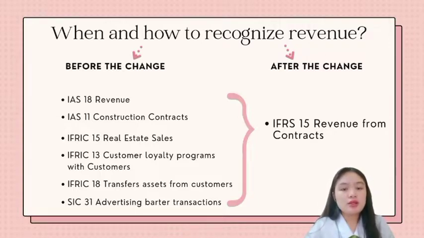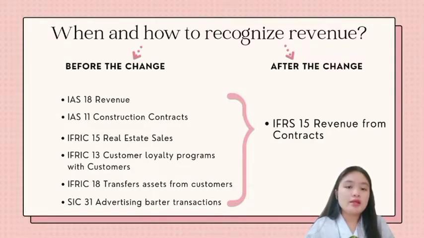These interpretations were all guiding us when and how to recognize revenue in various circumstances, and it was quite difficult to identify what standard to choose in your specific situation, and it was also sometimes conflicting and confusing. So to come out of this unfavorable situation, the IASB worked with the American standard-setting body, FASB, and came up with a totally new revenue recognition standard, which is IFRS 15, Revenue from Contracts with Customers, when all previous guidance was superseded.